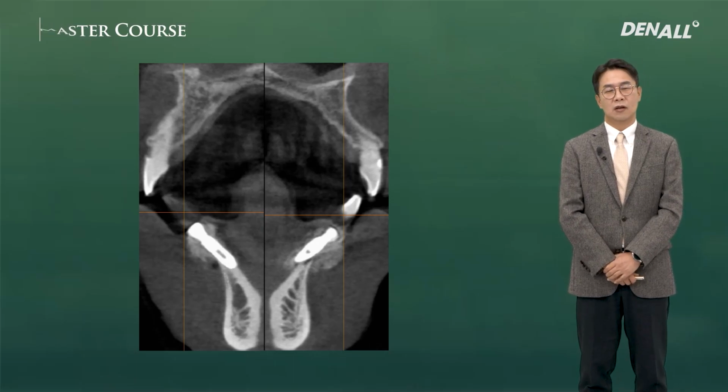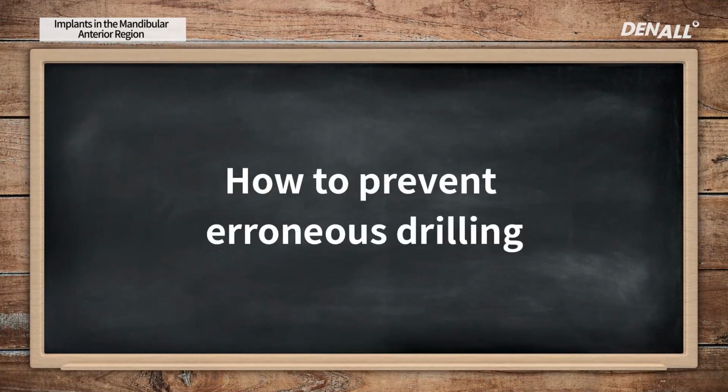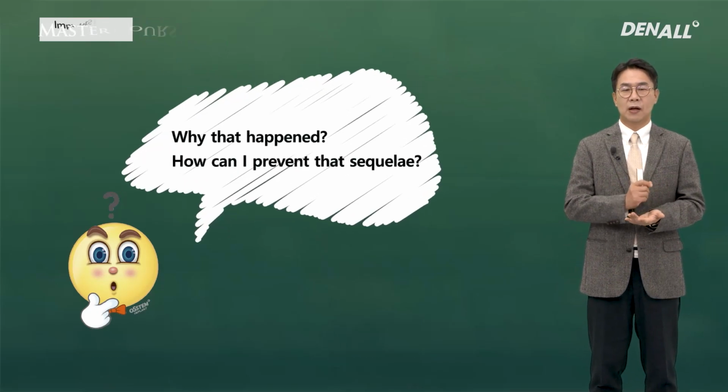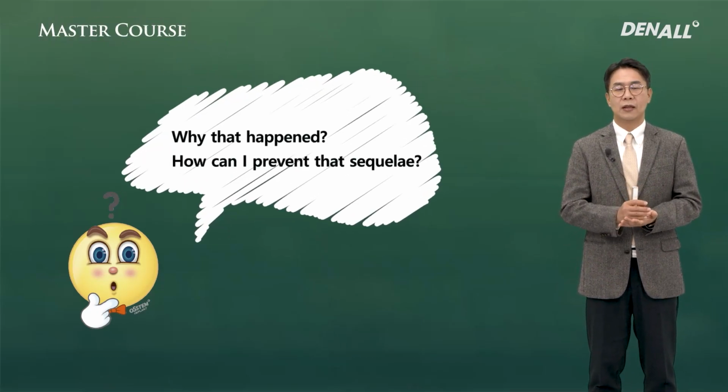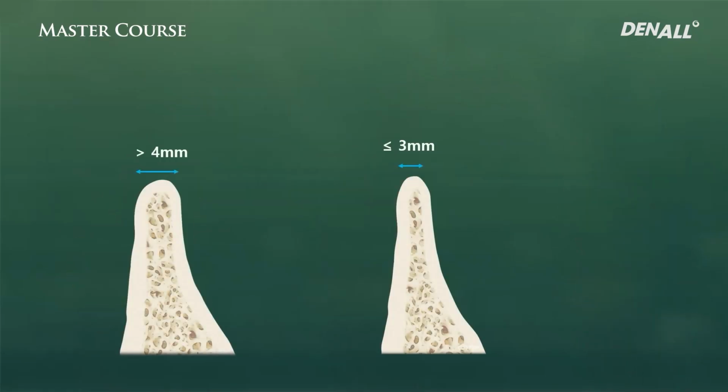So the drilling point is very important for that. We need to determine why that happens and how to prevent that. As I said before, the patient's ridge width would determine the result.